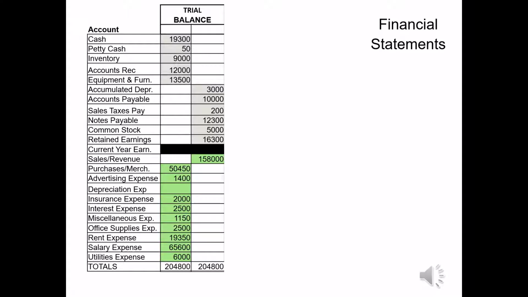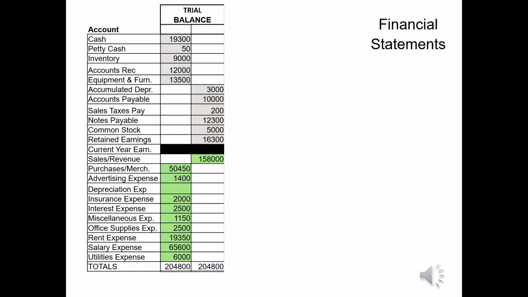If you look in the left-hand column, you'll see all of the accounts in the business listed. We usually list all of the accounts in the business by the accounting categories, starting with assets, then liabilities, equity, revenue, and expenses. And that's how these are listed here.